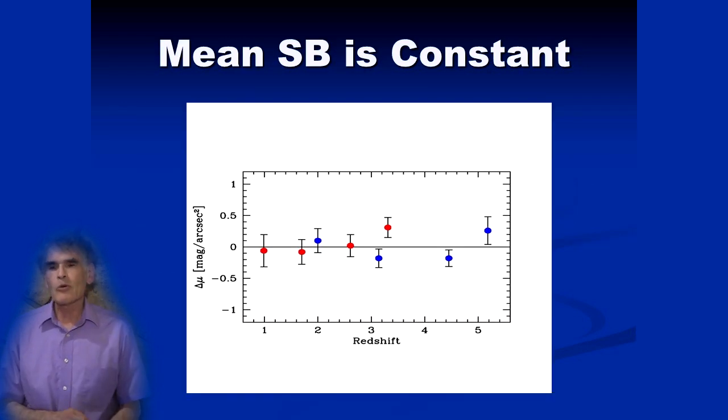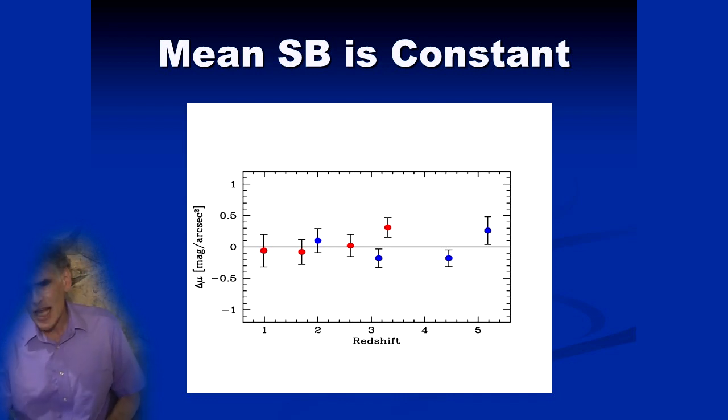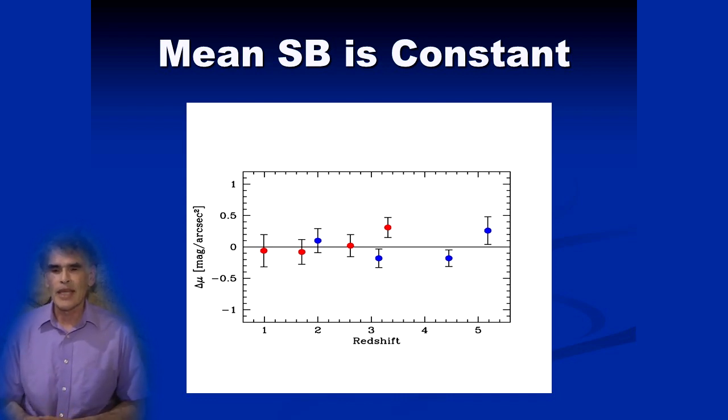What we found was, by gosh, the mean surface brightness of these galaxy samples is a constant. It doesn't vary at all with z. It doesn't vary from very low z, because each of those points is comparing the z at low redshift and the z at very high redshift, all the way up to a z of 5.